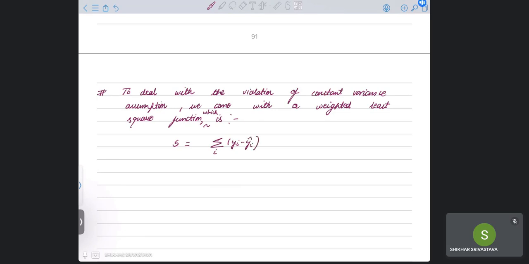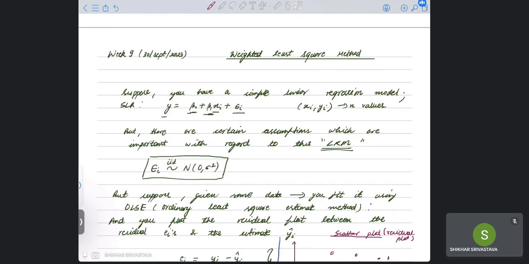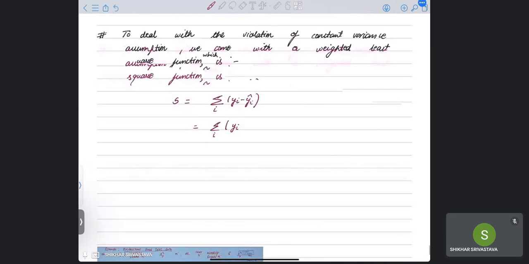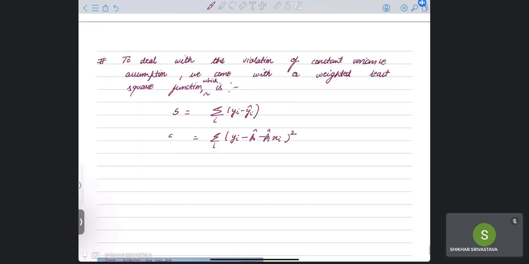This can be written further as the summation of yi minus beta naught minus beta 1 xi, squared, where your model is beta naught plus beta 1 xi. So you take the derivatives, you minimize it, and you estimate the betas, beta naught and beta 1. From the normal equations, two equations, you will find two parameters.